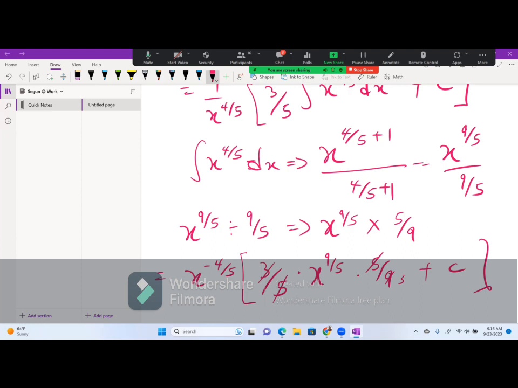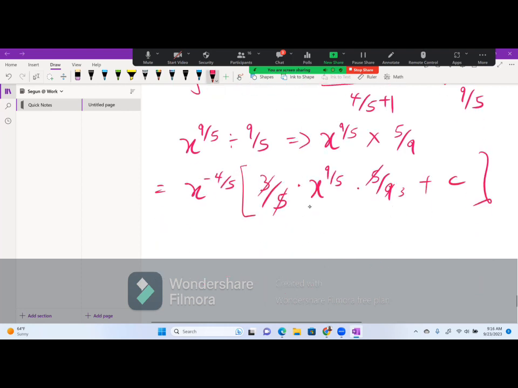So what do I have at the end of the day? I have x raised to the power minus 4 over 5 into x raised to the power 9 over 5 divided by 3, everything plus c.